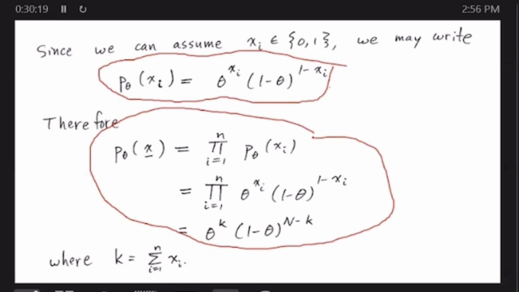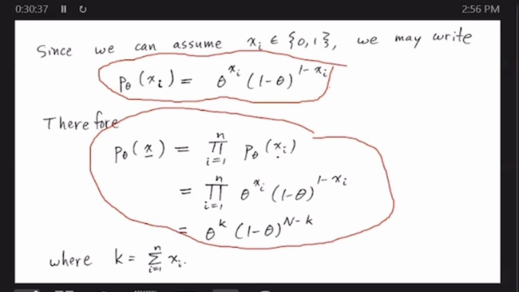Why am I having a product? Because of independence. You remember in probability theory, if A and B are independent, the probability of the joint occurrence will be equal to the product of the marginals. Does that make sense? That's what we're applying here.